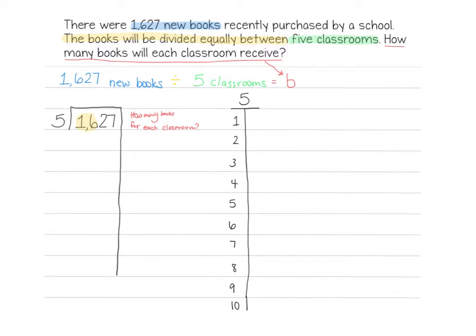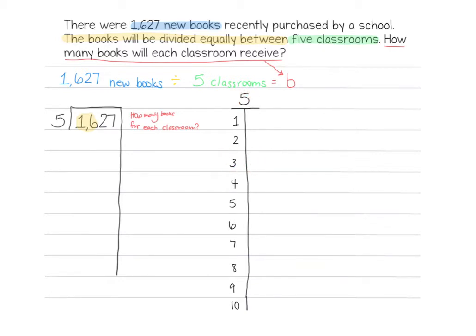Falls here between 15 and 20. We can't go over 16 because we don't have more than 16 hundreds. So we must go to the closest smallest amount, which is 15. So we can use 15 hundreds.